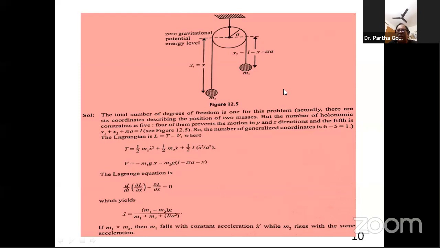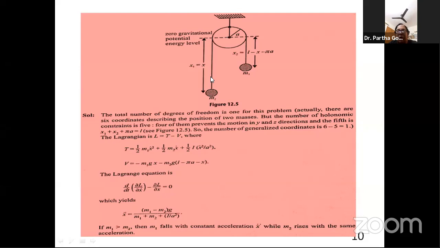So potential energy V I have written as minus m1 g x minus m2 g (L minus pi a minus x). And as I said, the first step is to identify a generalized coordinate, and you found there is only one generalized coordinate, x.